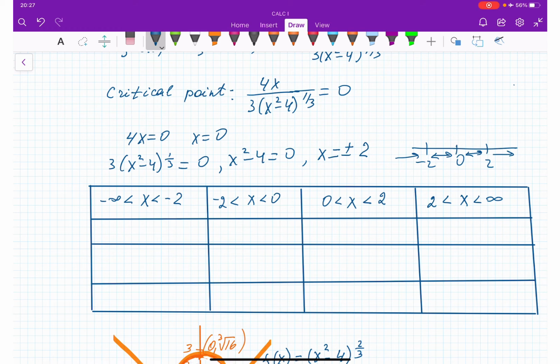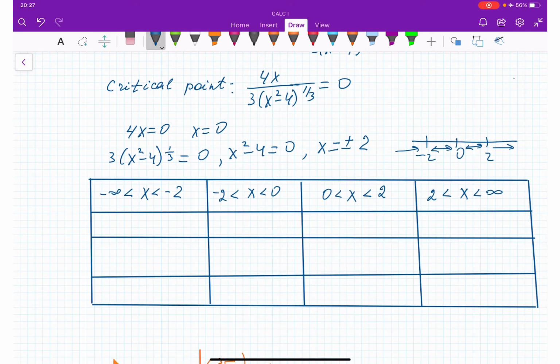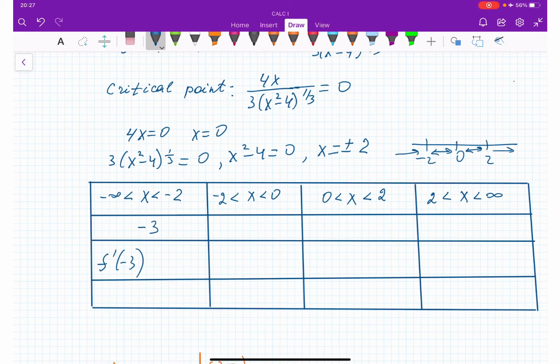Okay, so let's take some testing values. What is it going to be? For the first interval, here I will take negative 3. So if I take negative 3, then f prime of negative 3, let's see, is it going to be positive or negative? Here we are getting negative.